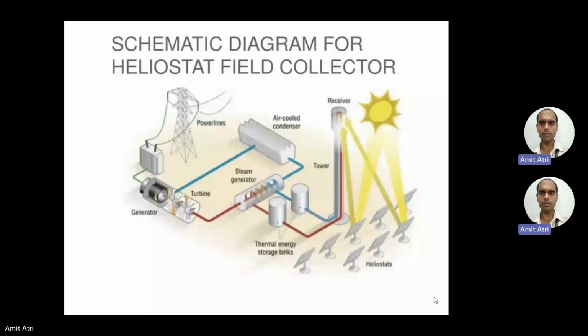So in the typical central receiver, the reflector is composed of many smaller mirrors, each with its own heliostat to follow the sun. So many small mirrors are there, 8 in this case. Each one is having their own heliostat, and they're following the sun. And they are inclined in such a way that their light is concentrating at the receiver.